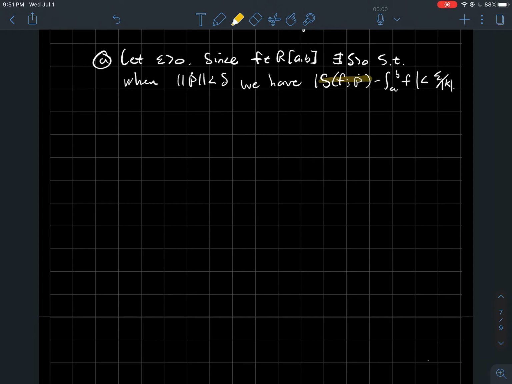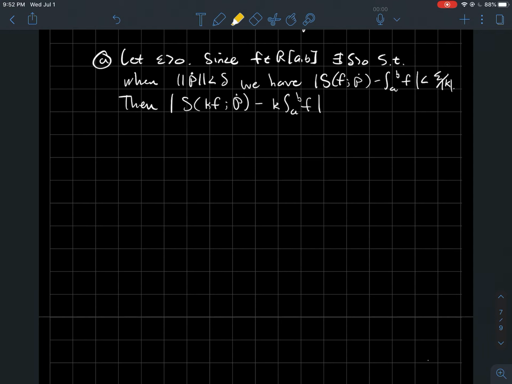The Riemann sum of f minus the value of the integral should be less than epsilon over absolute value of k, right? Okay. So remember, for any epsilon, you could find a delta that'll make this stuff work. So I'm saying, okay, I want to make this stuff work for epsilon over absolute value of k, so I want to make delta small enough to make sure that happens. And I know I'm guaranteed to be able to do that because f's Riemann integrable. Think of it that way.